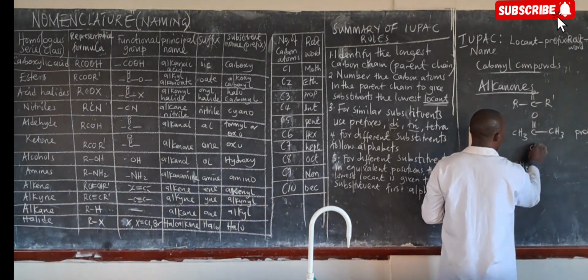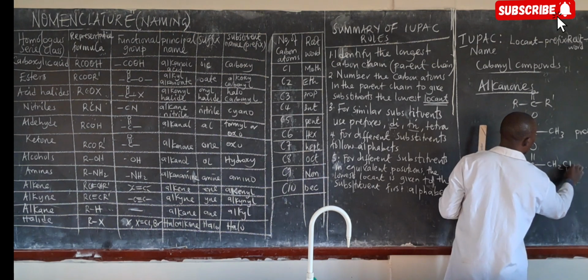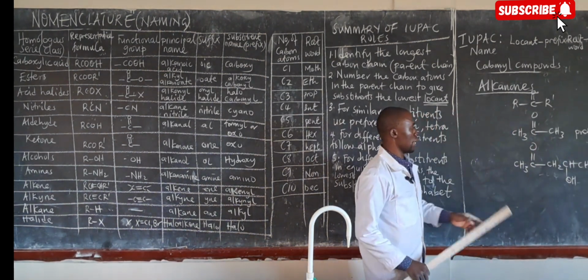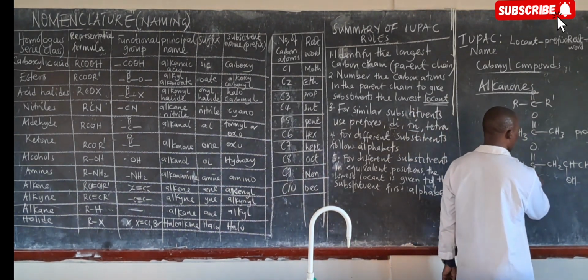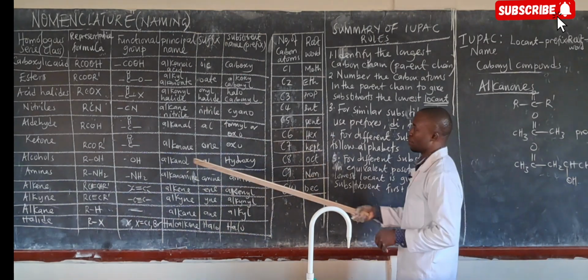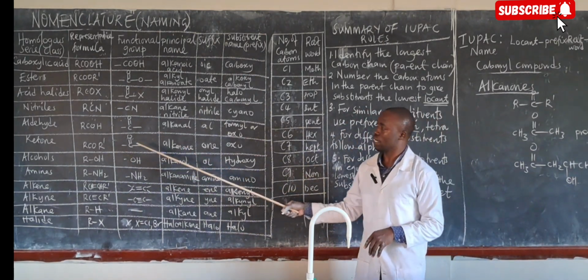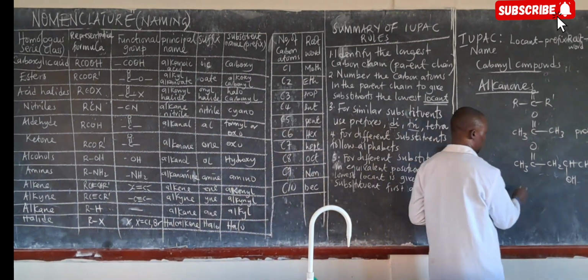Now, in case we increase the number of carbon atoms, like here, according to the priority table we would give the ketone, which is the alkanone, the best choice.